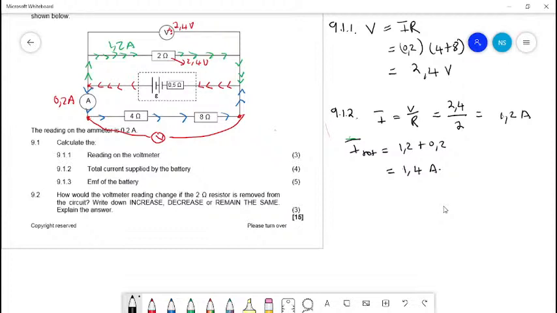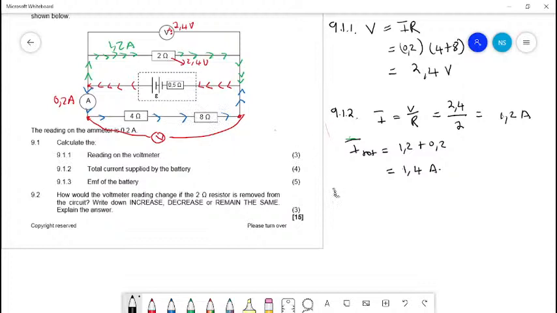What we don't have is the external resistance, which is the capital letter R. So what we're going to do now is calculate the R external, which is the resistance of everything outside the battery. So we have 3 external resistors: this one, the 4 ohm, and the 8 ohm.